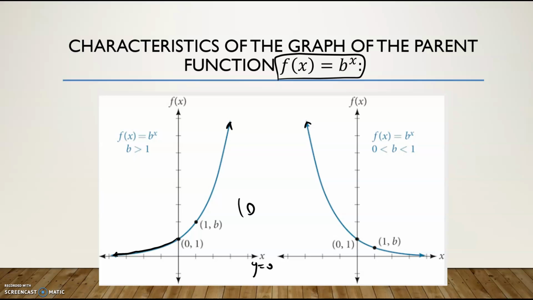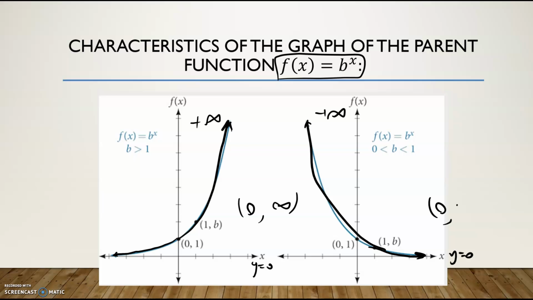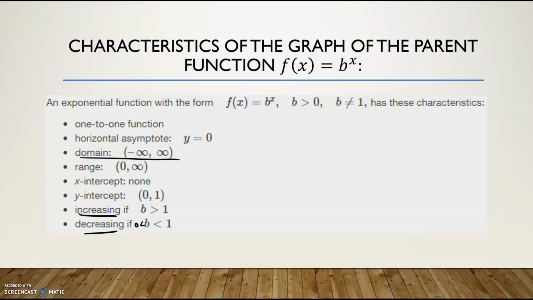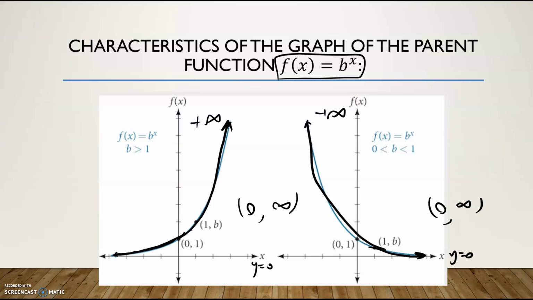It starts at 0 but does not include it because it never actually gets to 0, and then it goes up forever to positive infinity. Same thing over here. It gets really close to 0, but never touches 0, and then goes up to positive infinity for y. So that would be your range. And it doesn't have any x-intercepts because of your horizontal asymptote being y equals 0.